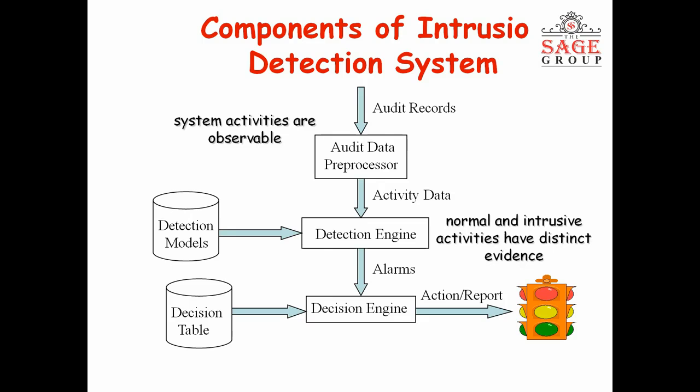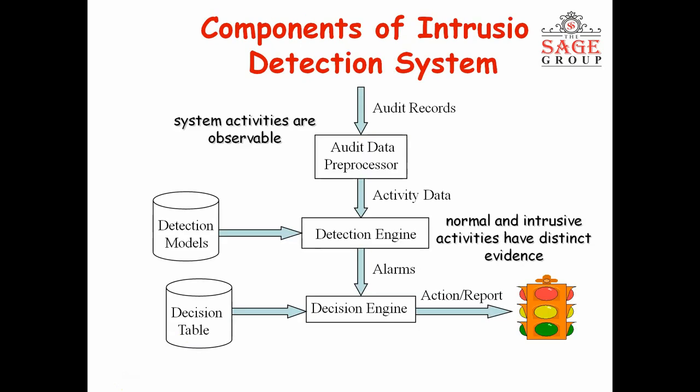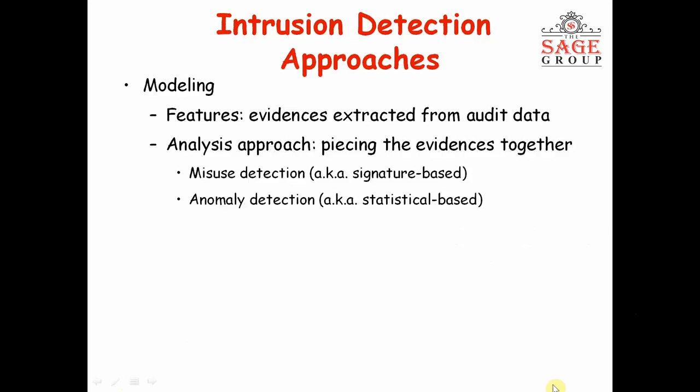This is the basic example of intrusions. The decision table has a major impact, in which we see that an action and reports will be given.